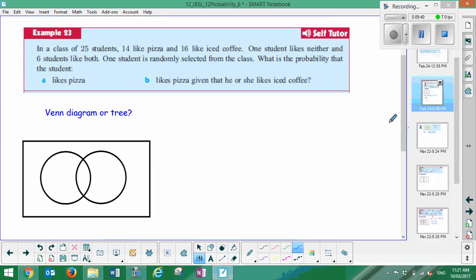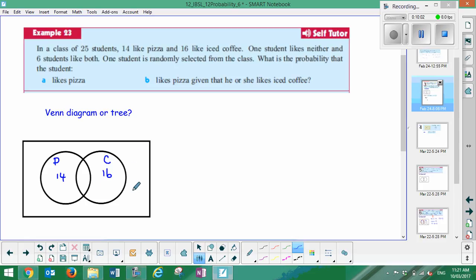You've got a class of 25 students, 14 like pizza, let's go P for pizza, and 16 like iced coffee. 1 student likes neither, so we've got 14 liking pizza, but that's all of pizza. We've got 16 that like coffee, all the people that like coffee.